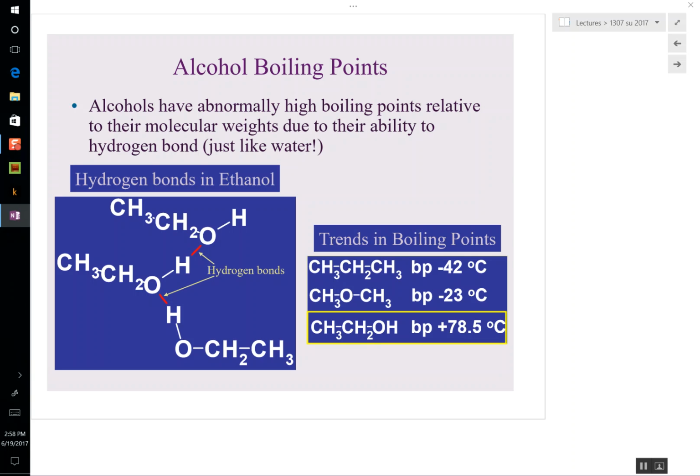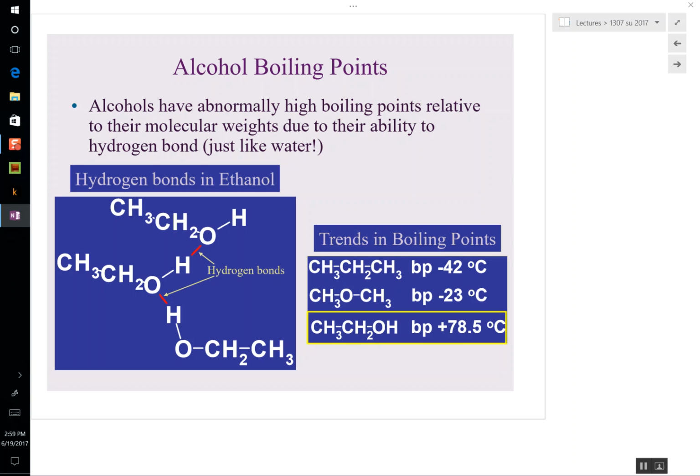Okay? So what I'm saying here is that when you compare molecules of similar molecular weights, you can look at boiling points and say something about the attractiveness of those molecules to themselves.